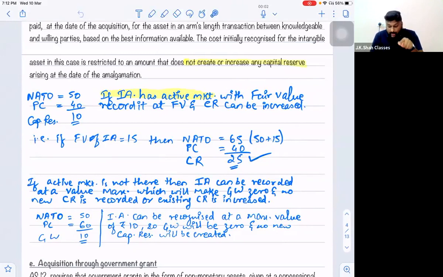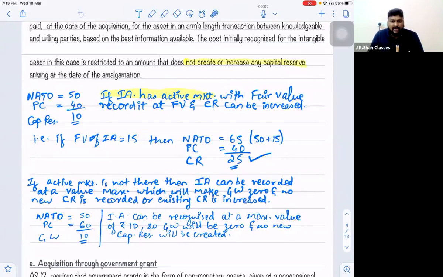But if you want to record your intangible asset at 15 rupees, then what will be the problem? The problem is 10 rupees of goodwill will go away and 5 rupees of capital reserve will come. And you cannot show a capital reserve if there is no active market available for an intangible asset. And the logic is very clear.